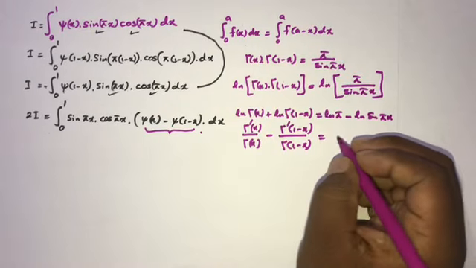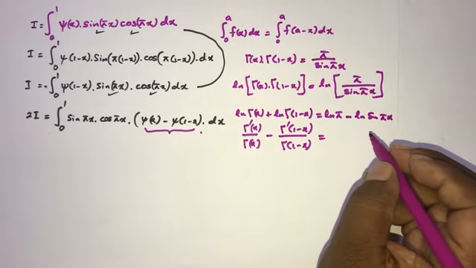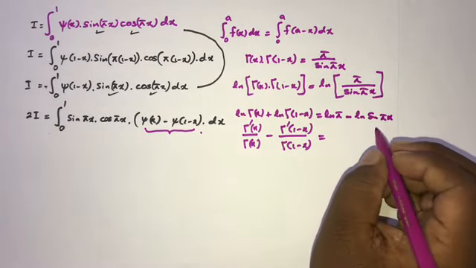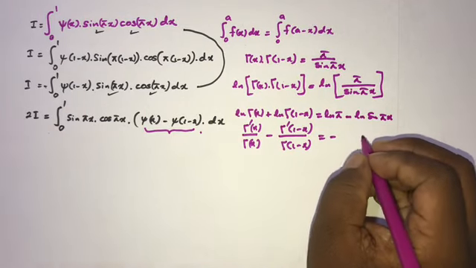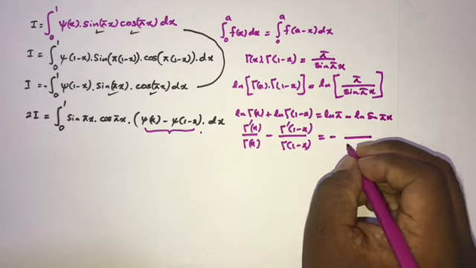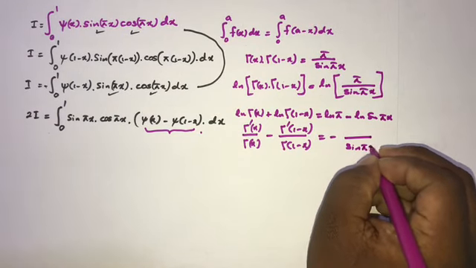This is equal to natural log of pi, a constant, so the derivative is 0, and here we have minus natural log of sine of pi x.